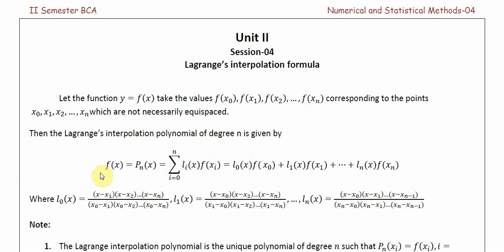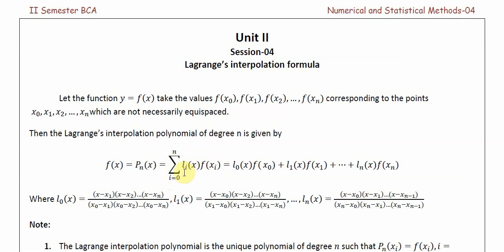We are approximating the function f of x, therefore f of x is equal to Pn of x. This is a notation which says that P stands for the polynomial of degree n in the variable x. That is equal to the summation Li of x into f of xi, i running from 0 to n.